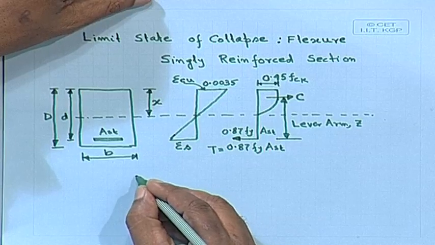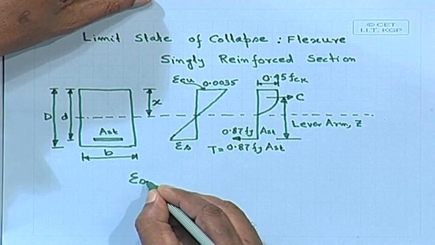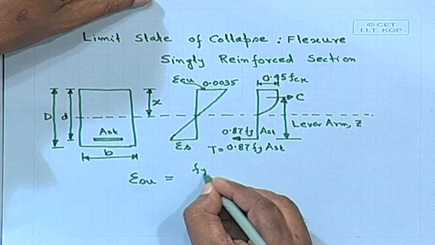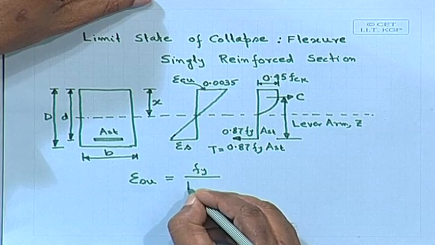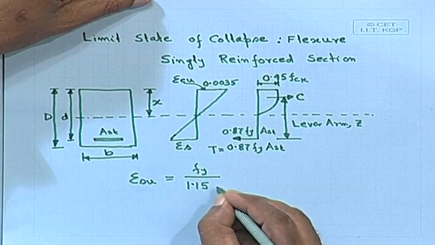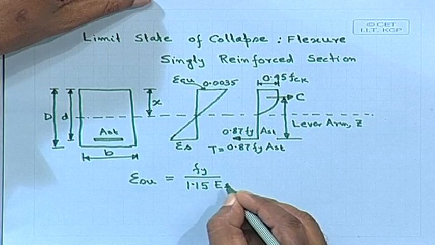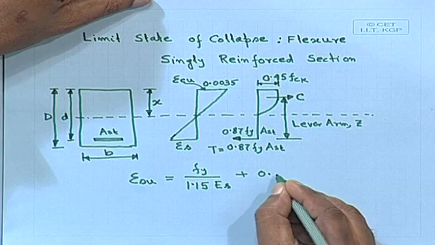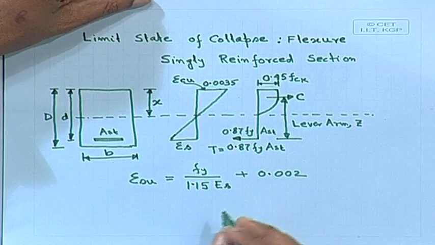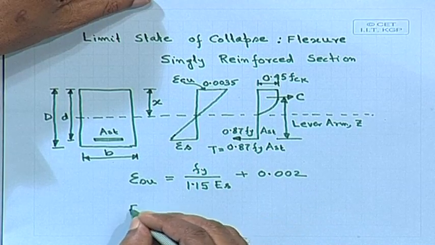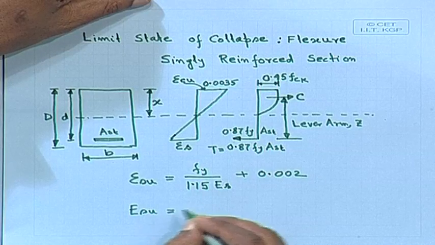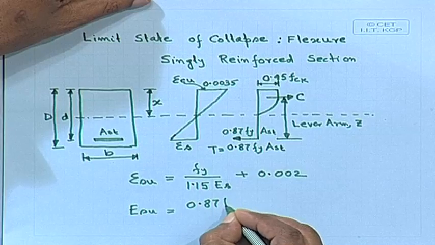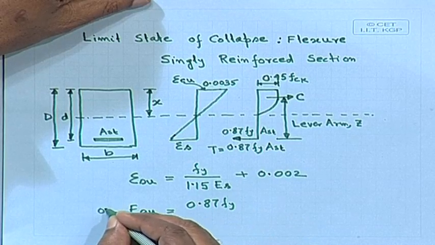Epsilon SU as per the code, to repeat, fy, that is one of the assumptions also. Or we can write down in a familiar way, which is nothing but 0.87 fy.